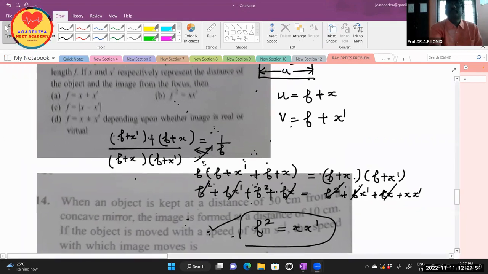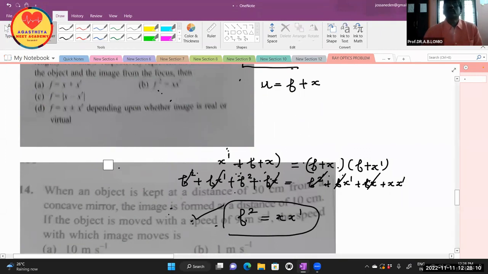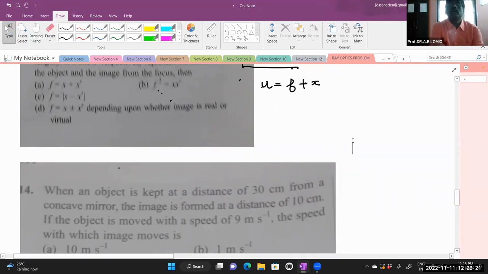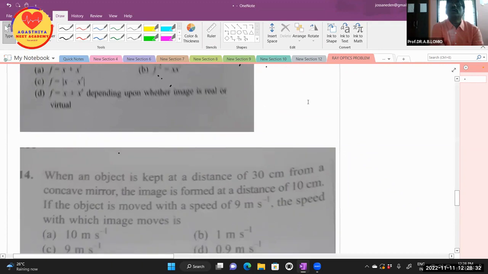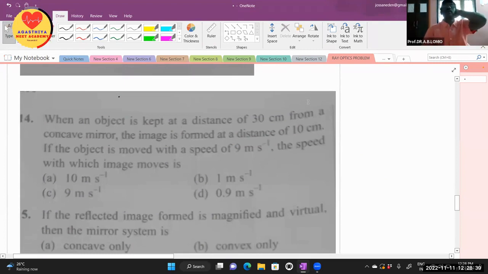We'll do one more problem. Shall we go to the next problem? Okay. When an object is kept at a distance of 30 centimeter from the concave mirror, the image is formed at a distance of 10 centimeter.